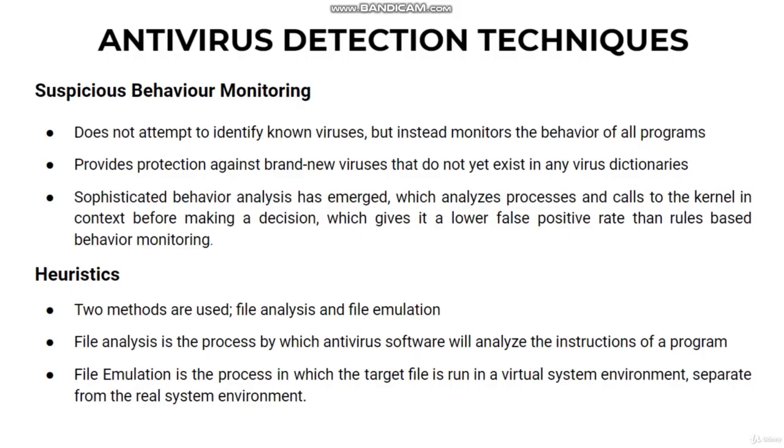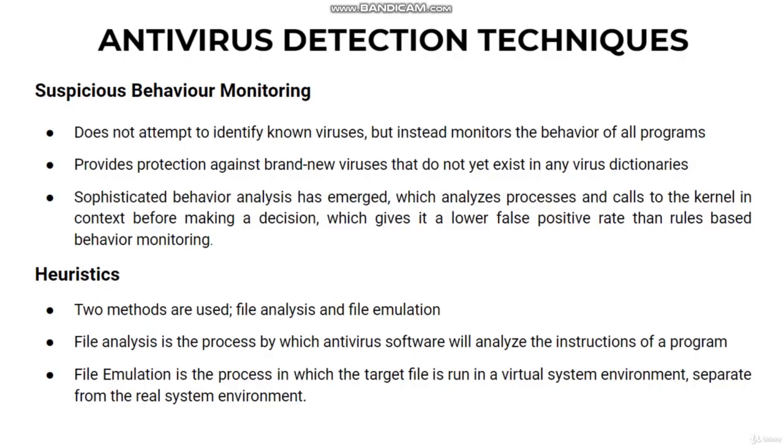Based on the instructions, the software can determine whether or not the program is malicious. For example, if the file contains instructions to delete important system files, the file might be flagged as a virus. While this method is useful for identifying new viruses and variants, it can trigger many false alarms.